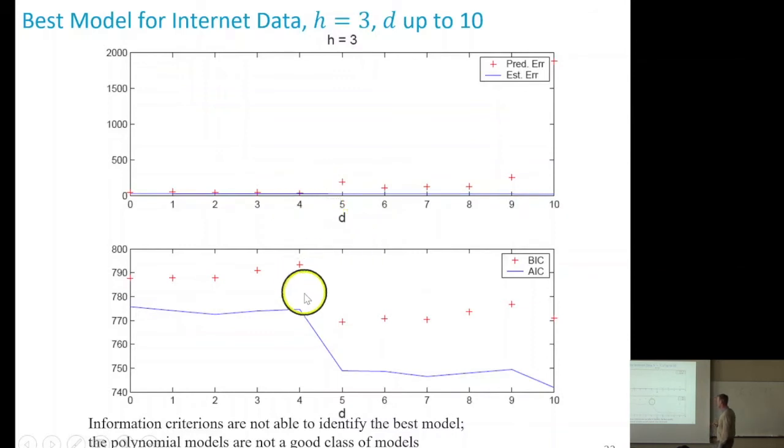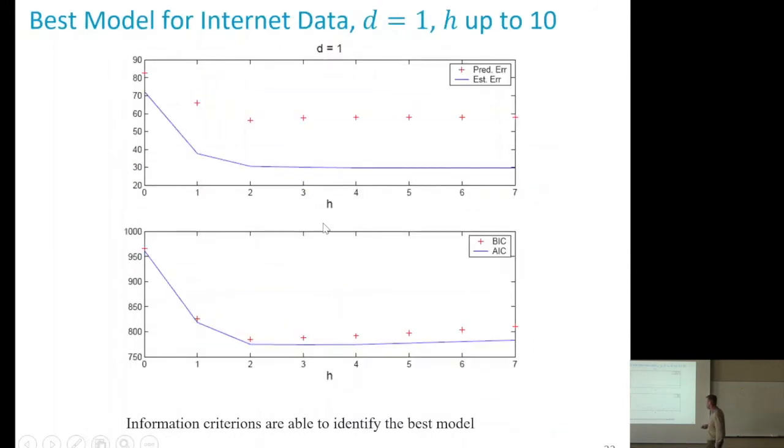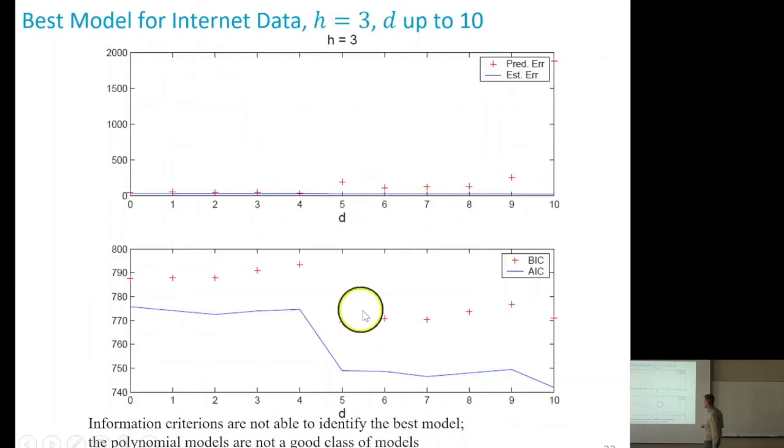But we see that Akaike's information criterion is not exactly helping, because if we compare to here, it was minimum at the good value, but here not at all, right? It's minimum at a value which is not good at all, in fact where the prediction error is fairly large.